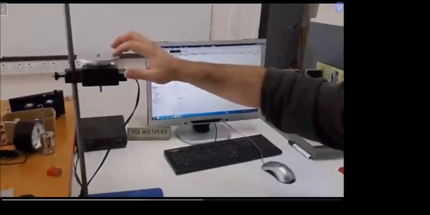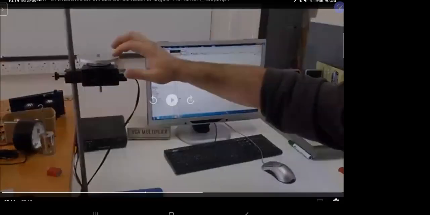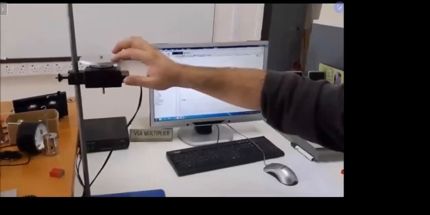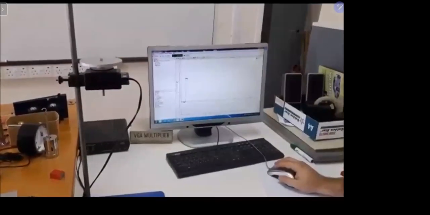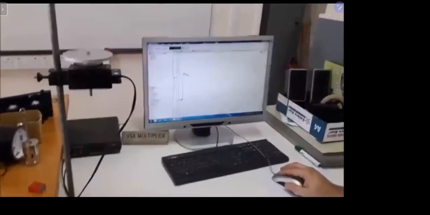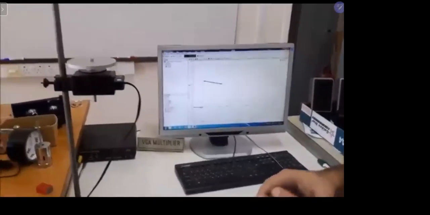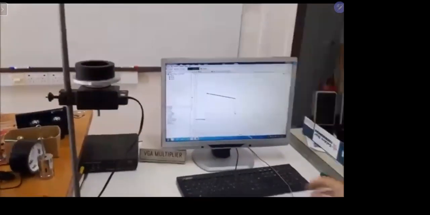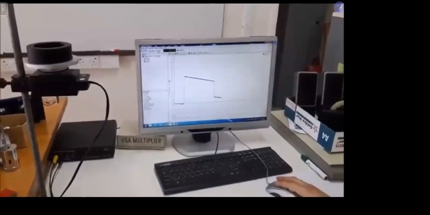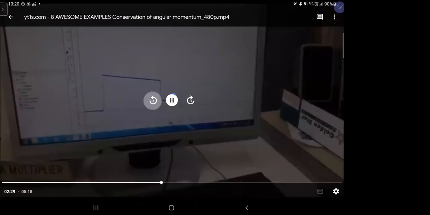He's rotating it with the hand. And on the computer, he's connected a device there. So it will plot omega versus time. He keeps a disk. You can see it slows down. See, omega suddenly dropped. Let's see it again.